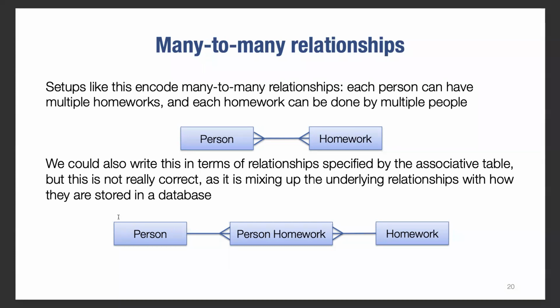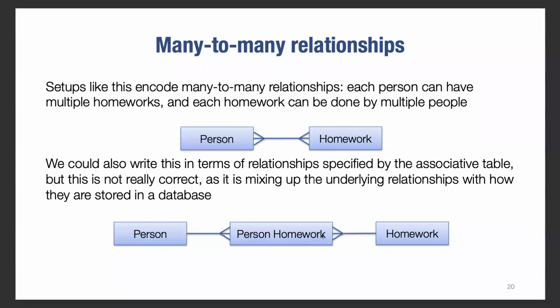So think of it like this. One person is going to appear many times in the person homework table because the person has done homework 1, homework 2, homework 3. So that one person appears multiple times in the person homework table.